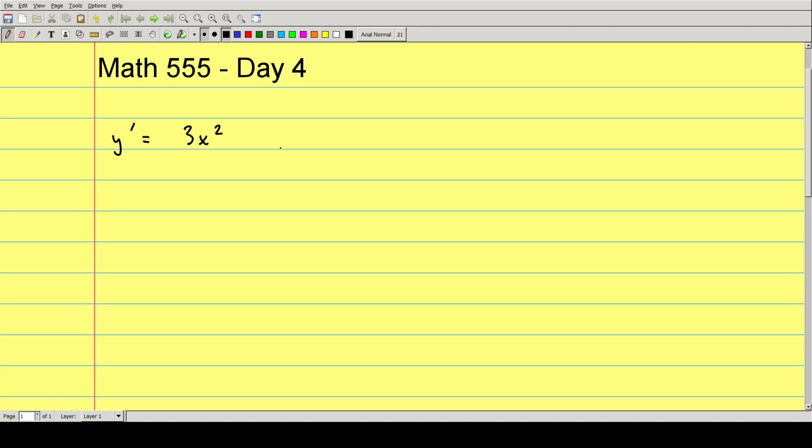So we have y prime equals 3x squared minus 1 divided by the quantity 3 plus 2y. What we want to do is take advantage of the fact that the variables here are separated and integrate both sides, and then if we can, isolate the variable y.